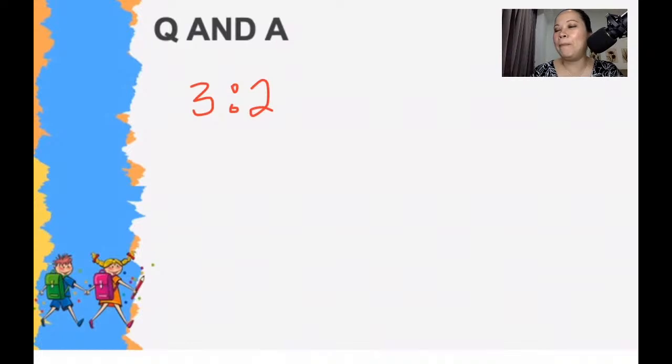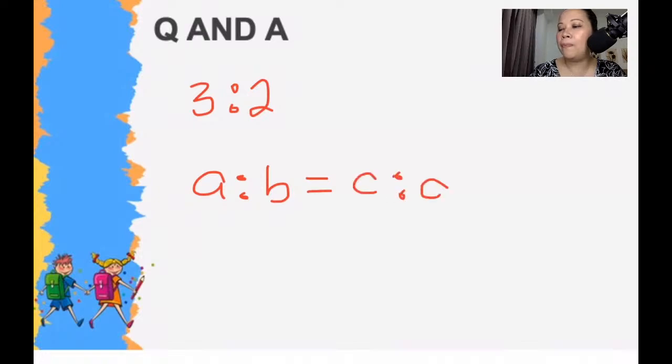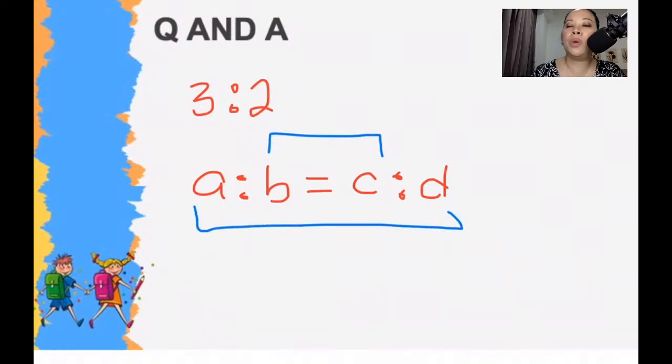So ratio is a representation of what two or three or more things have. Proportion, on the other hand, is an equation in which two values are equal. In a proportion, the product of the means is equal to the product of the extremes. A proportion can be represented by A is to B equals C is to D. The ones in the middle are the means, and the ones on the outermost are the extremes.